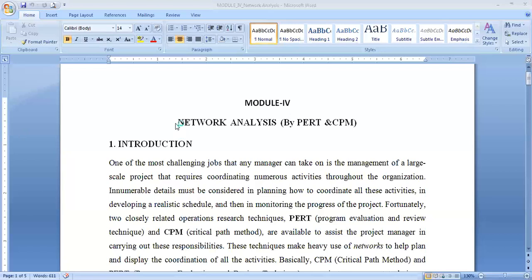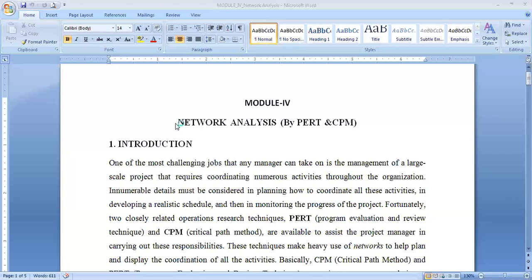Then let us have an understanding regarding the broader concept of a project. There is no hard and fast definition for the project, but one can say that a project is defined as a combination of interrelated activities which must be executed in a certain order or sequence before the entire task is completed.